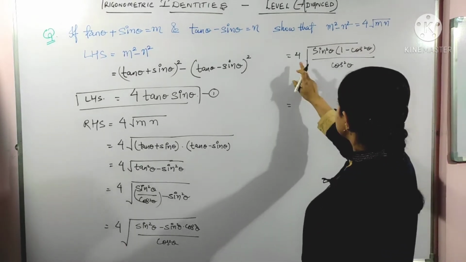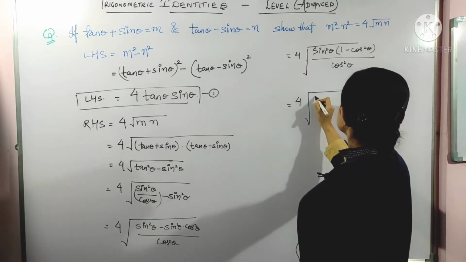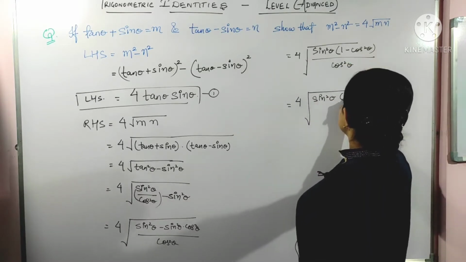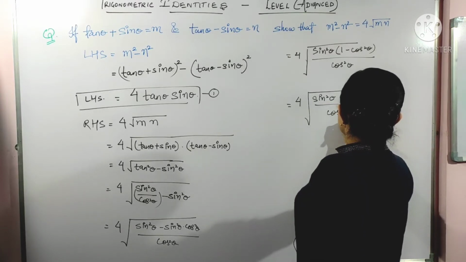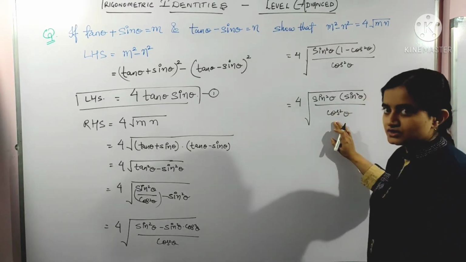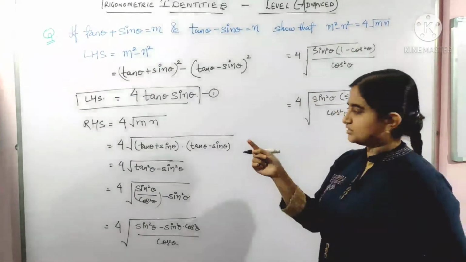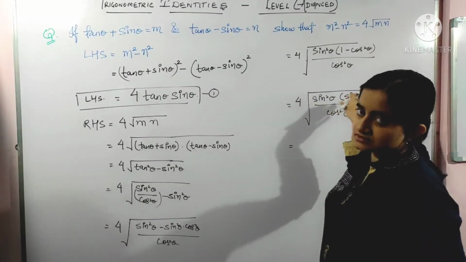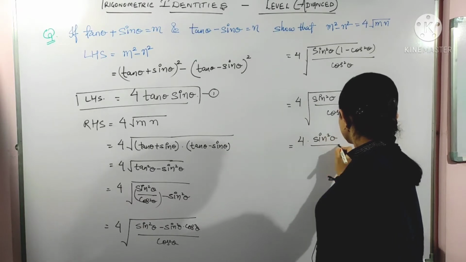Now 4 is here, 4 is here, sin square theta, 1 minus cos square theta is also sin square theta upon cos square theta. And now sin square theta appears 2 times, so we will take 1 out, and this is also 2 times, so we will take 1 out because this is a square root. 4 into sin square theta upon cos theta.